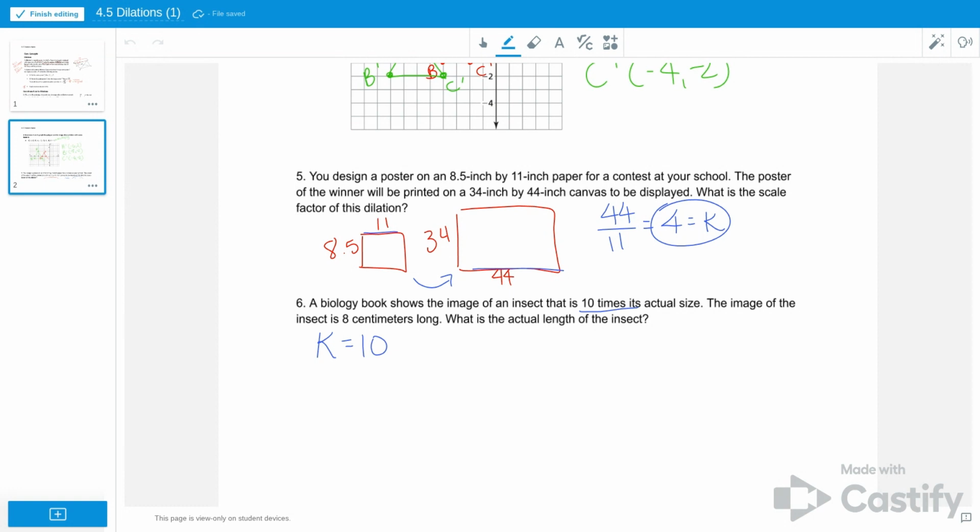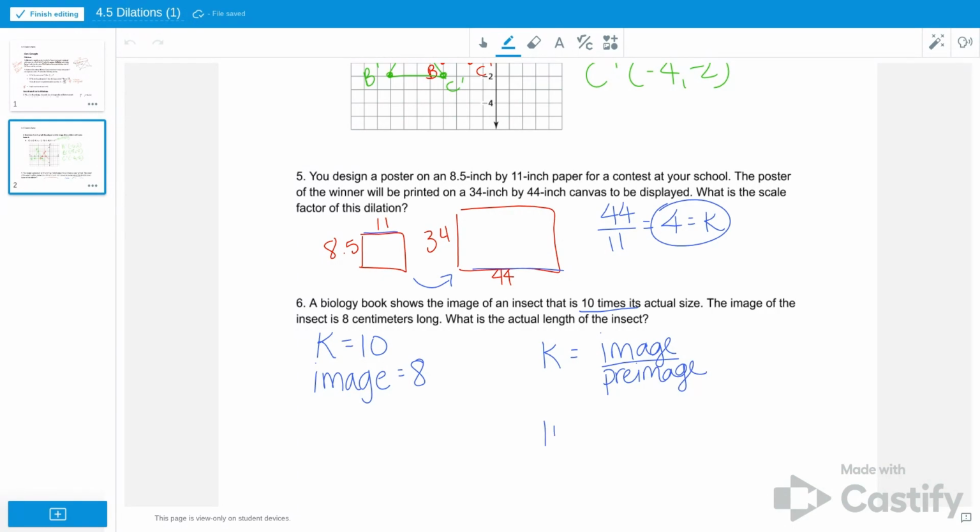And then we're asked to find like the original image or the actual length. So we don't know what that is, but we know our image is 8 centimeters. So if we were to take our formula here, our K equals our image over our pre-image, you can plug in what you know.